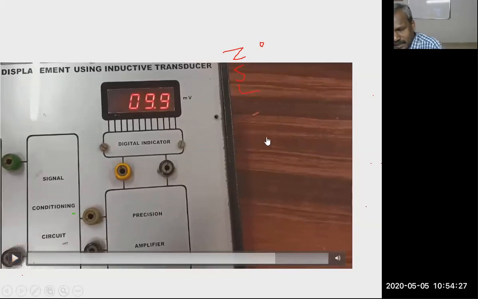So when 10 mm is placed in the micrometer, we bring it to 10 millivolt.